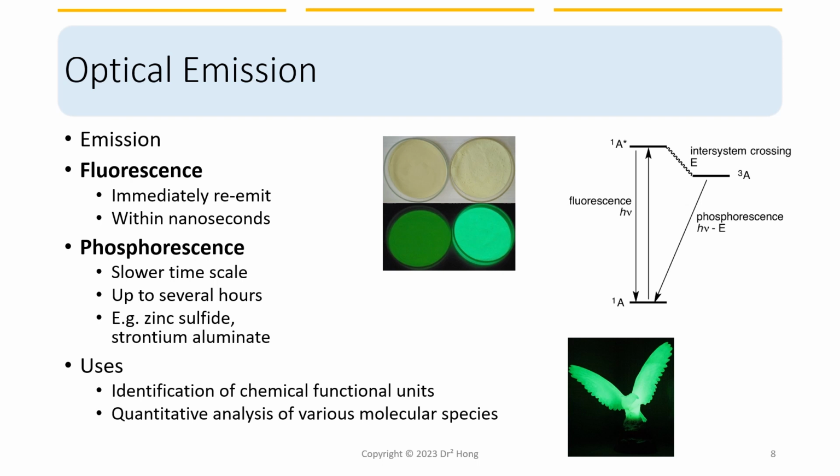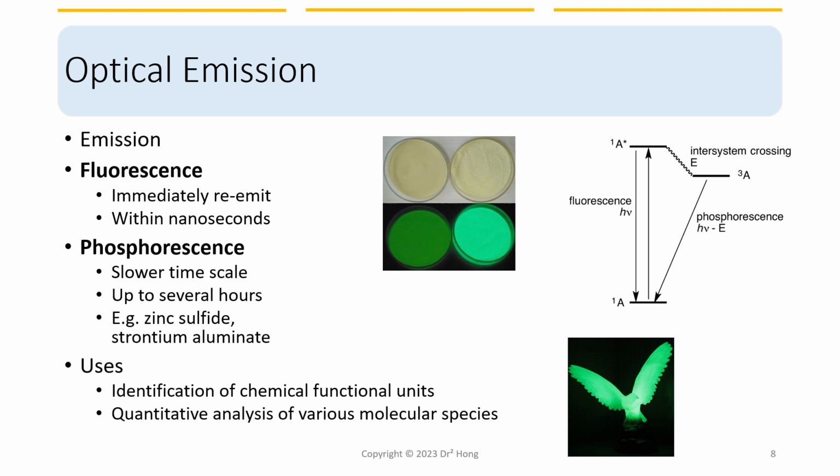In optical emission, the electrons release energy in the form of light. For fluorescence, the emission is immediate and within nanoseconds. But for phosphorescence, the release of energy is at a much slower time scale. It can take up to several hours. I'm sure as kids we have all played with objects that contain phosphorescent compounds, such as zinc sulfide and strontium aluminate.